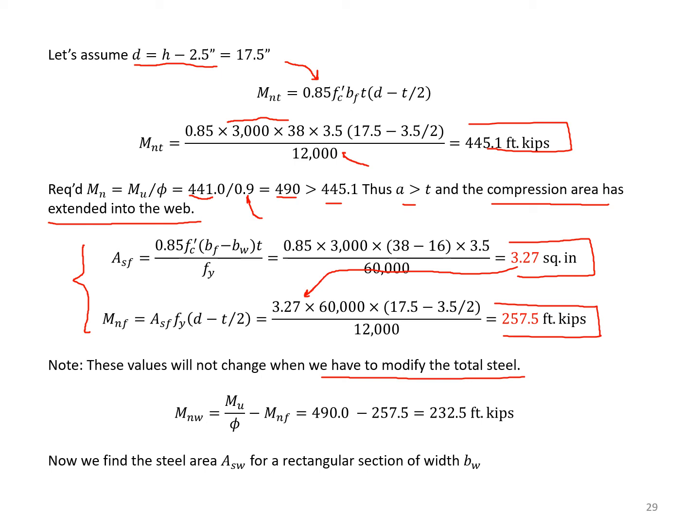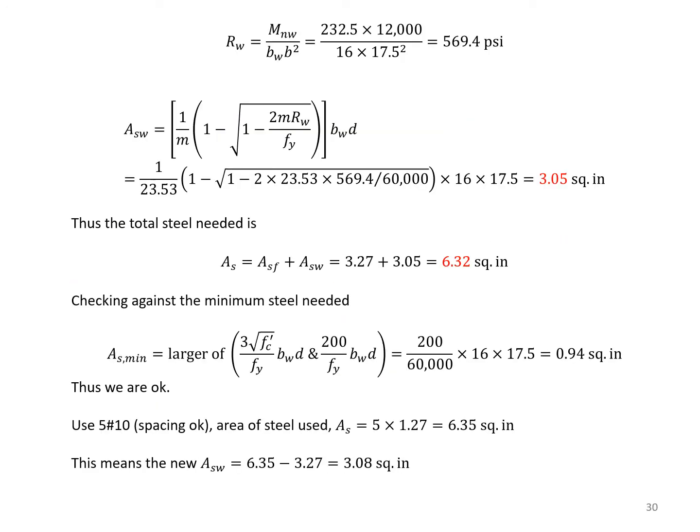But what is ASW? First, let's compute MNW, which is the required strength minus the MNF we just computed. That's 232.5 foot-kips. We find the area of the steel ASW. For that, don't forget that bw is used. So let's find out Rw.